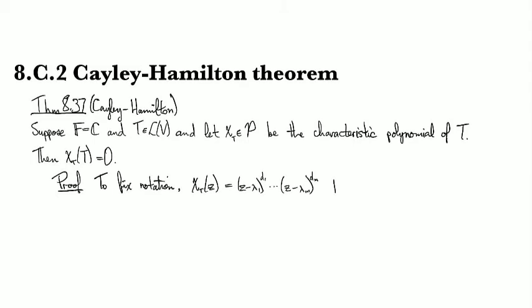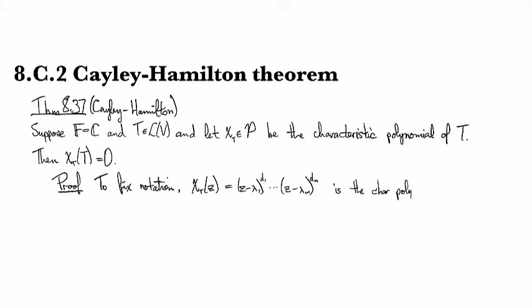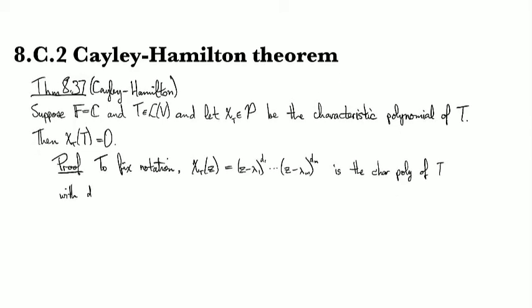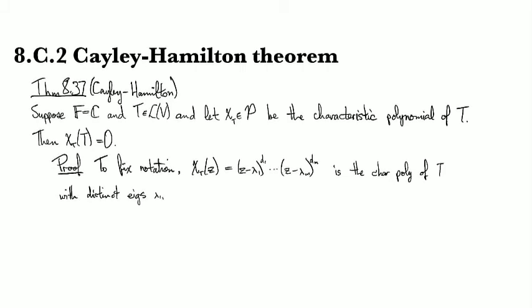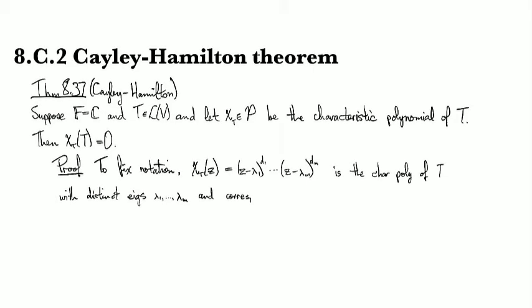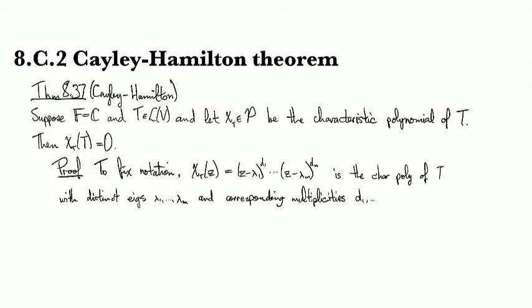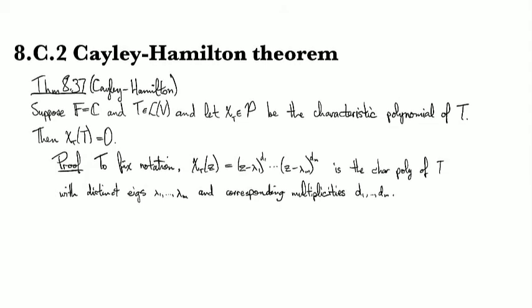And so this is going to be the characteristic polynomial of T with distinct eigenvalues λ1 through λm and corresponding multiplicities d1 through dm.